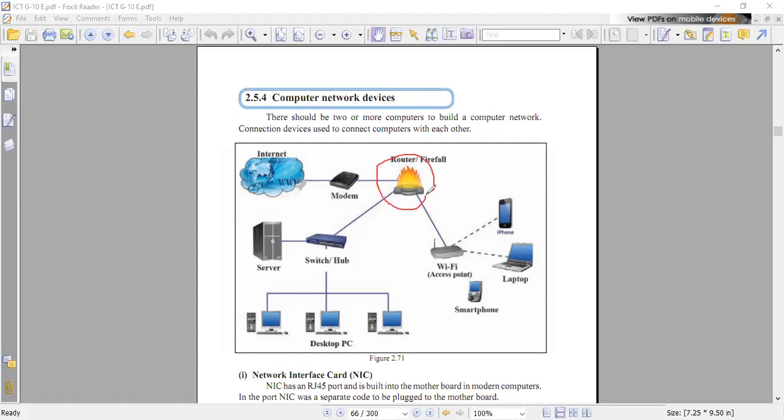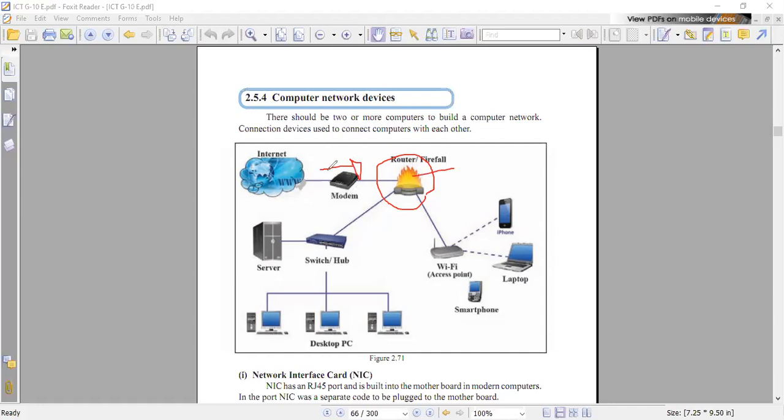This firewall is used to prevent unauthorized access to the network. So if someone is coming unauthorized, he is blocked by the firewall. It can be either hardware or software. Hardware or software can be there as a firewall. So somehow it will prevent accessing your network.